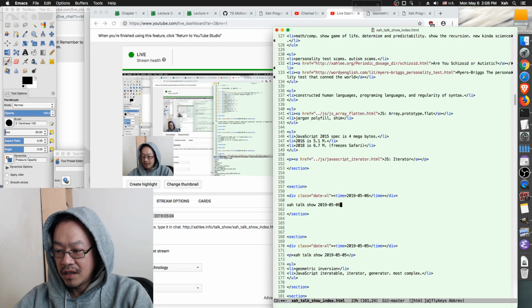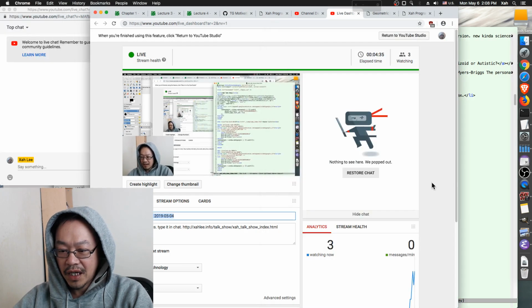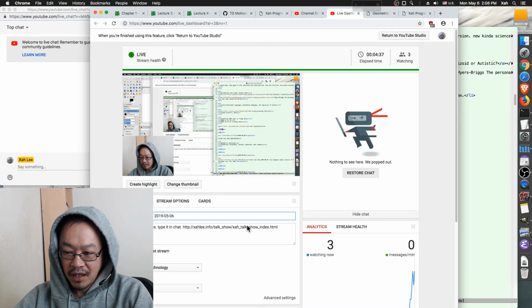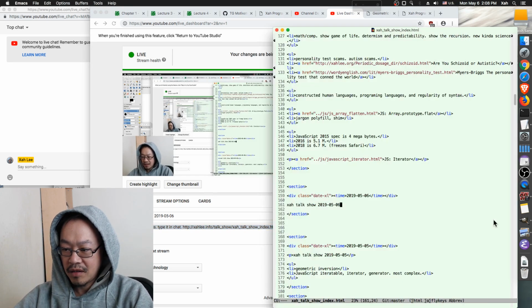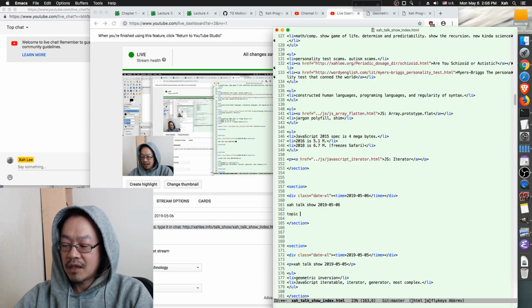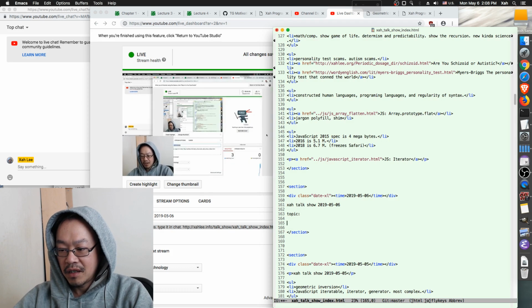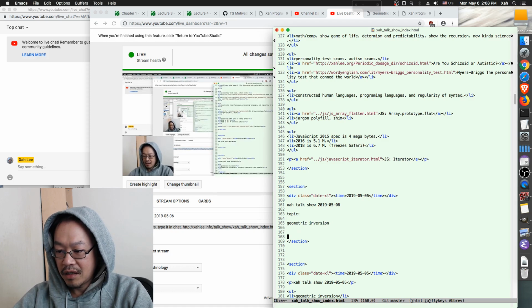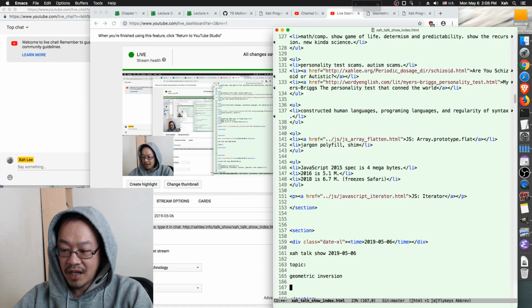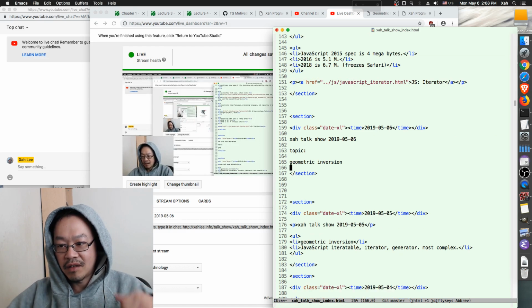Copy that, switch, paste, and the topic is going to be geometric inversion. And I'm writing out the topics so I don't forget.